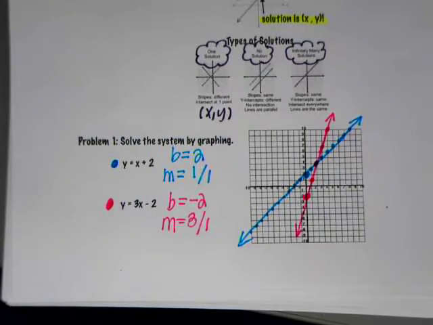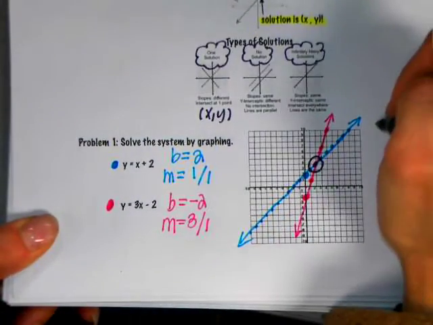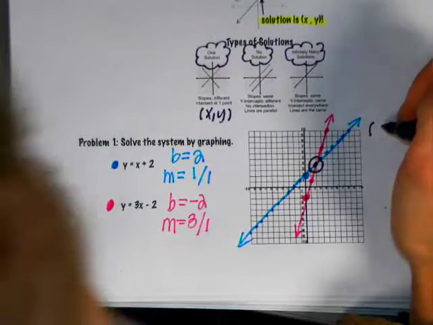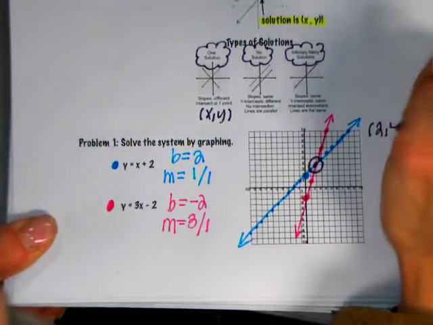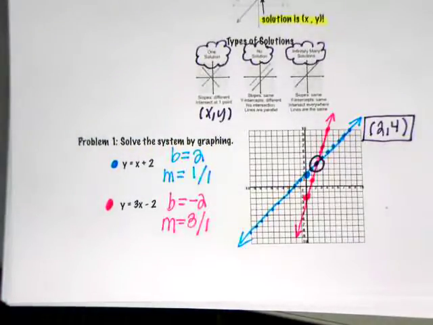All right, and then I can see where they cross. Right here. What's that point? 2, 4, yeah. So that would be your solution.